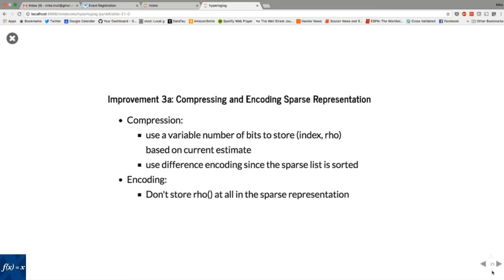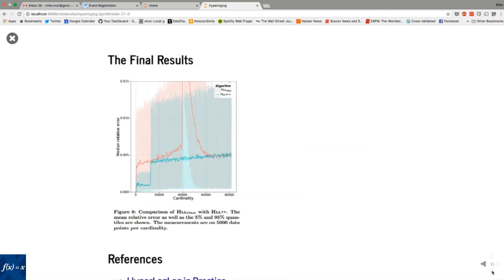So that's pretty much it. This is their final comparison of hyperlog log versus hyperlog log plus plus. So the blue-green line is their cardinality estimation with their algorithm, and the red line is the cardinality estimation with hyperlog log.